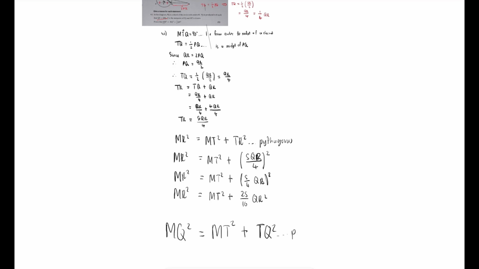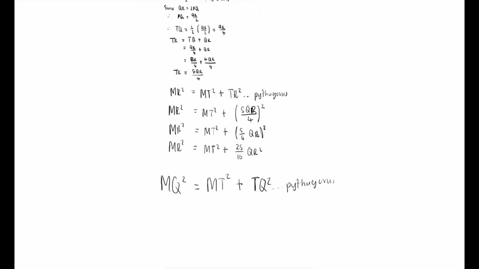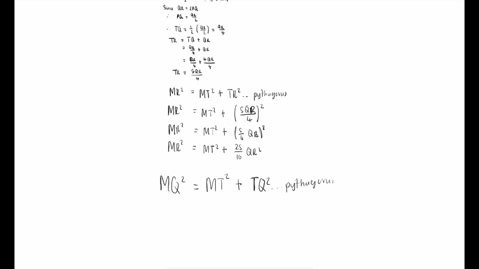And the reason being Pythagoras. But then we know that our TQ is equals to QR over 4, right? Over here. So therefore, my MQ squared is equals to MT squared plus QR over 4 all squared.